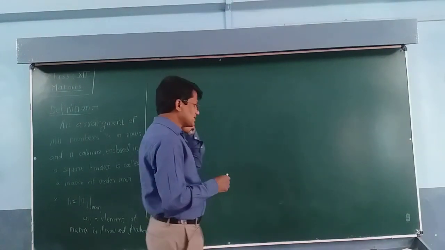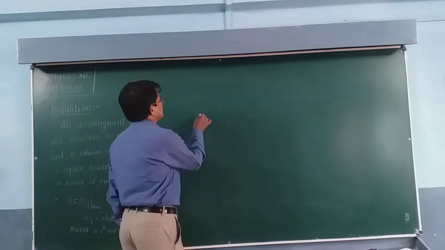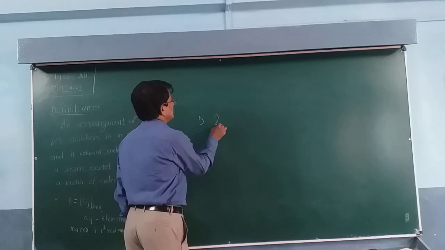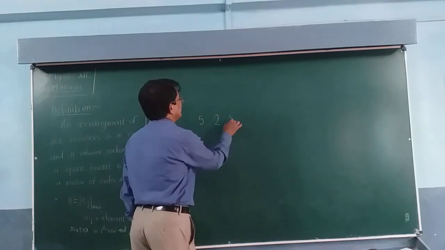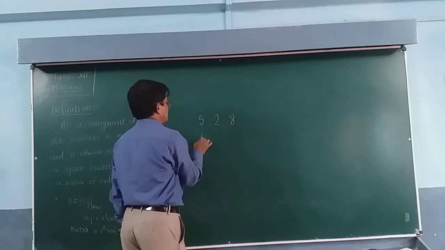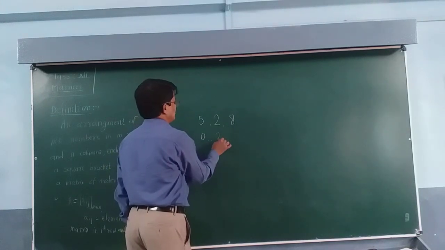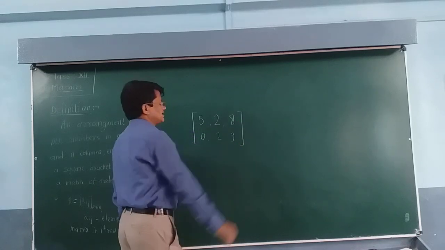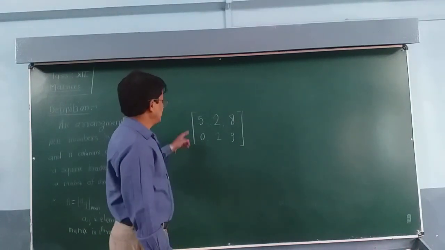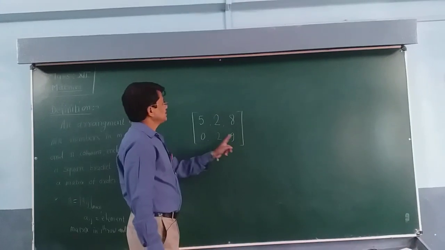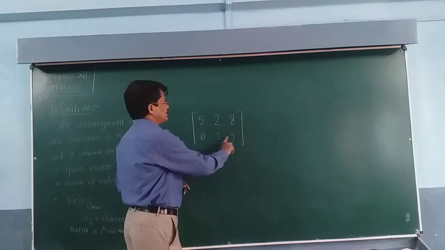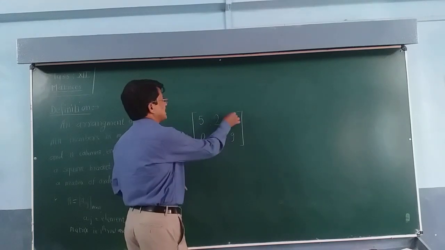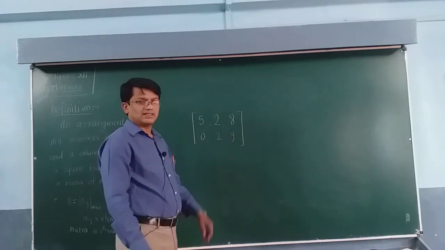Suppose here the numbers are written like this: 5, 2, 8, 0, 2, 9, and these numbers are arranged in two rows. Here row number first and row number second, and column number first, column number second, and column number third.